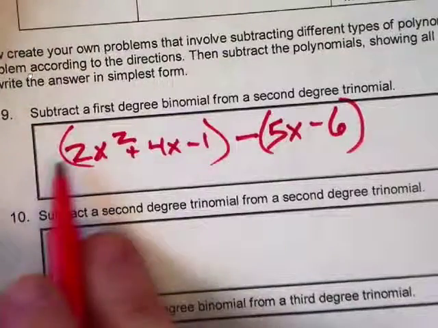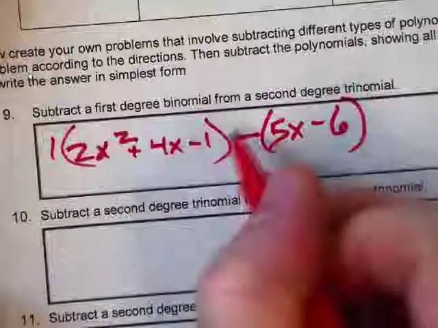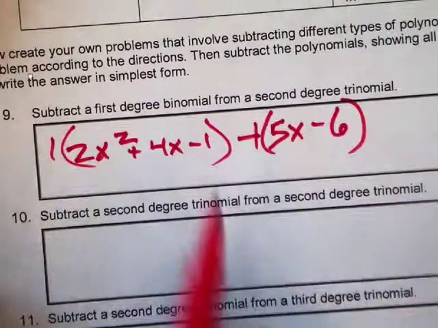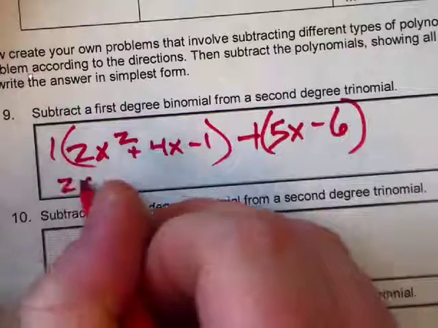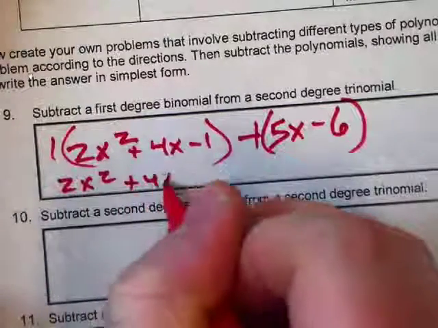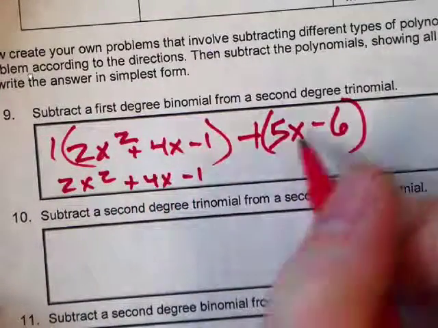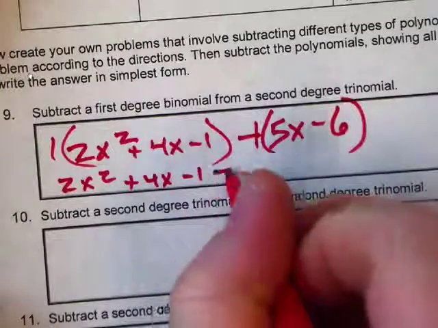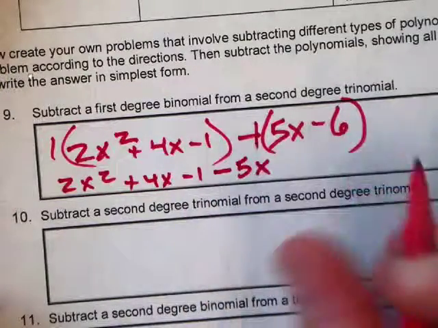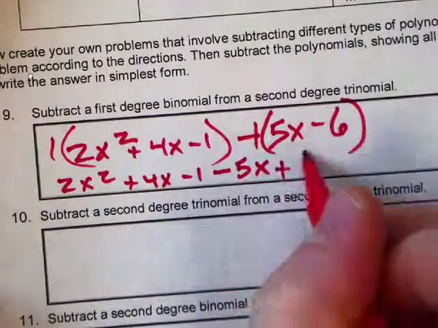And then you just go through, and just like you're multiplying a 1 through to everything here, and you have 2x squared plus 4x minus 1, and then negative 1 times 5 would be negative 5x and positive 6.